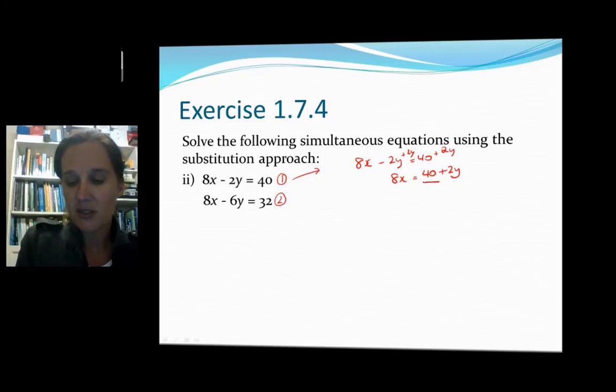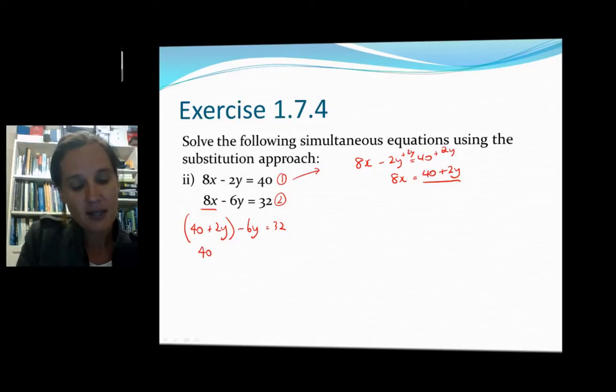If we substitute this 40 plus 2y directly in for our 8x, we get 40 plus 2y minus 6y equals 32. So 2y minus 6y is minus 4y, giving 40 minus 4y equals 32.